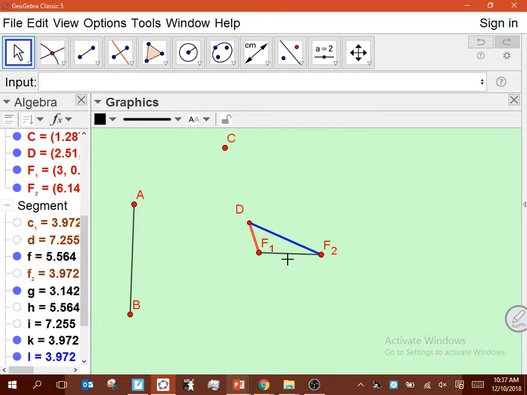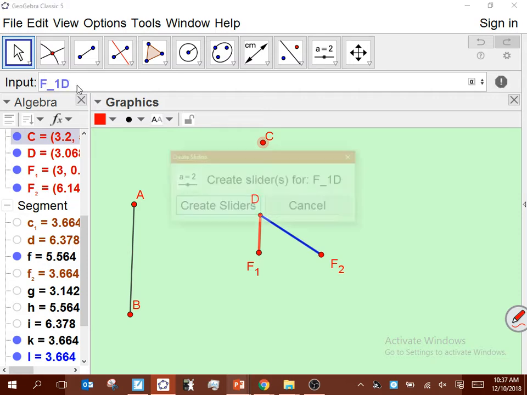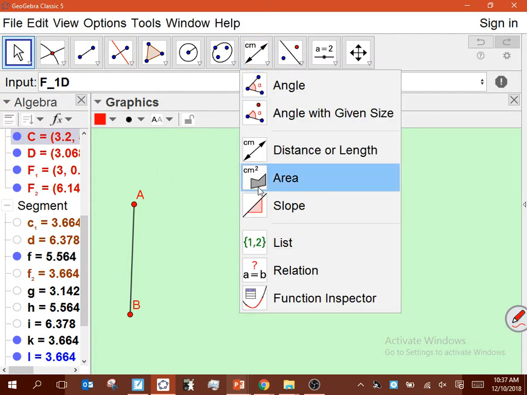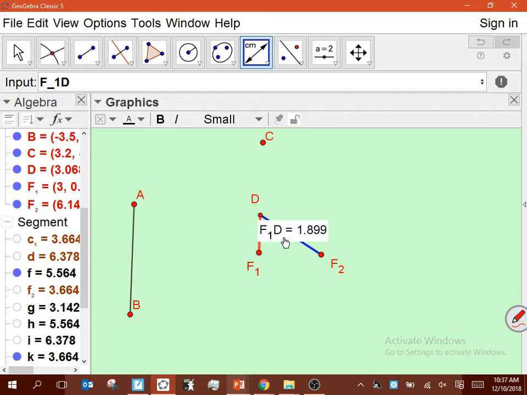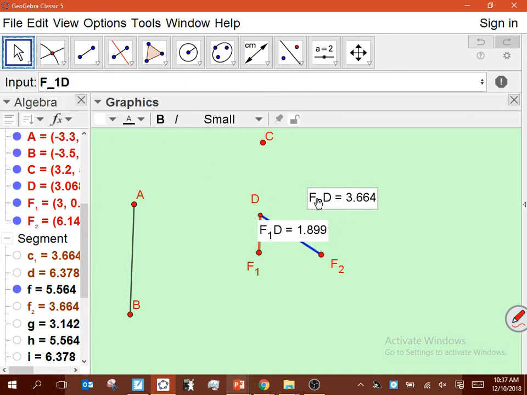Hide that line, hide that line, and what we've got now is focus 1, focus 2, and this point D. I've forced it so that no matter where I move point D, the sum of F1 to D, let's see how I can find that. We've got to do it this way. That distance and that distance, move them apart from one another.